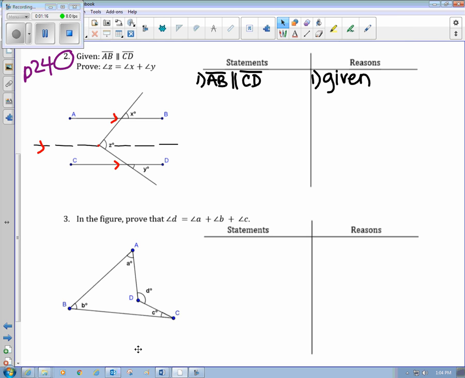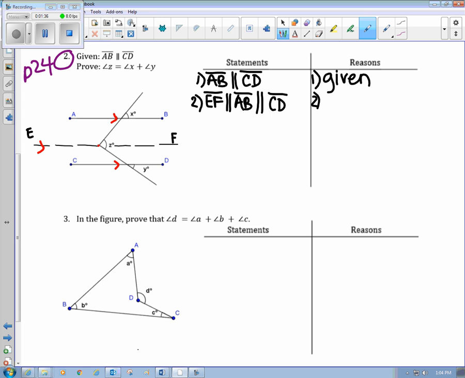So when we're doing our justification, we probably want to go into our proof and identify that we have drawn that auxiliary line in such a way that it's parallel to the other two. So I'm going to list in here that I'm drawing EF, it's parallel to AB and parallel to CD.